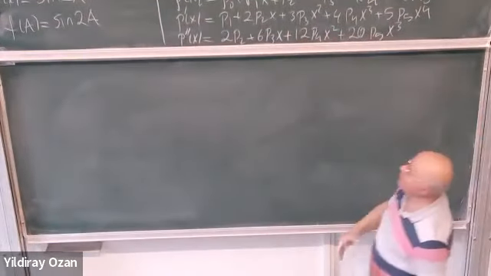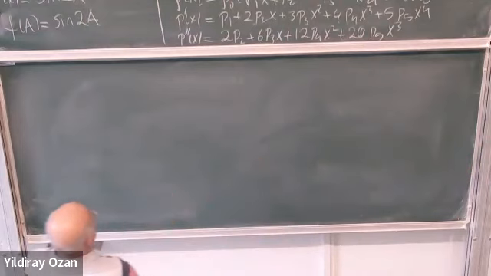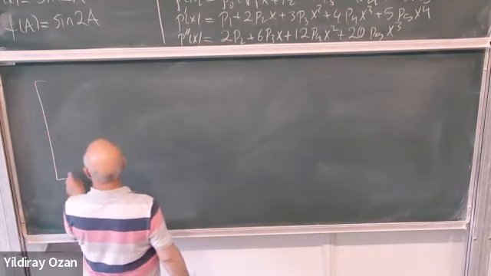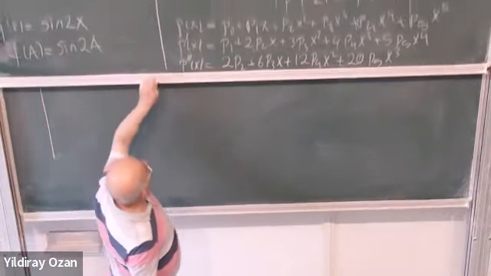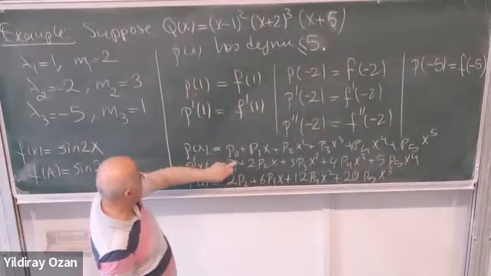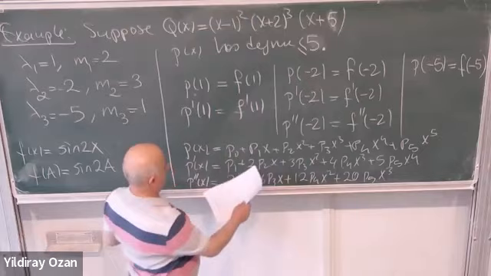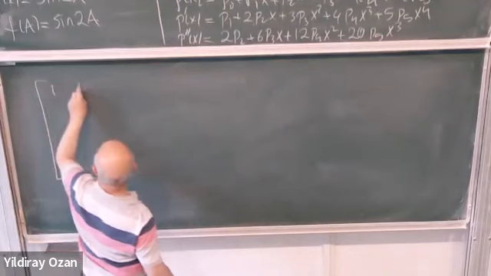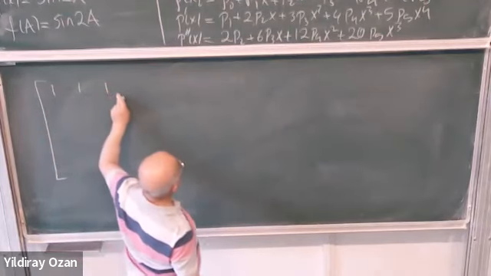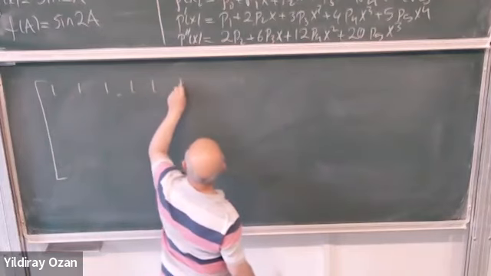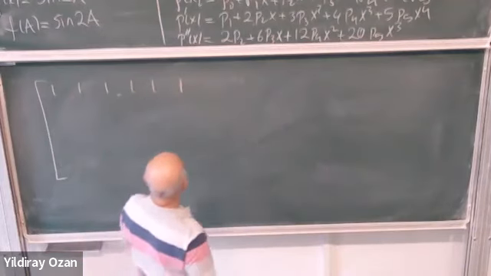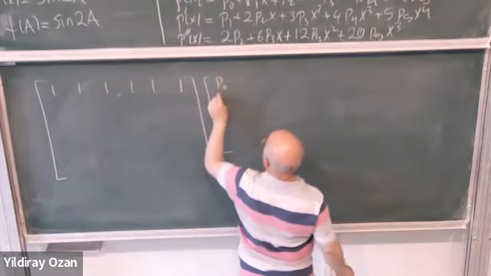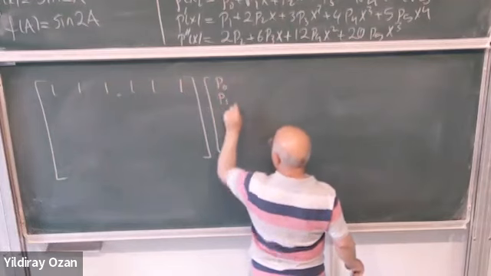So what are the equations there? Let's just write the coefficients. When I plug in 1, all these numbers are 1, so we have 1, 1, 1, how many are there? 6. Here we have P0, P1, up to P5.